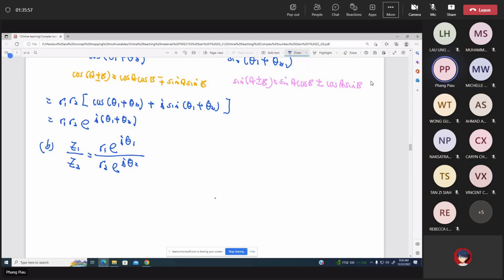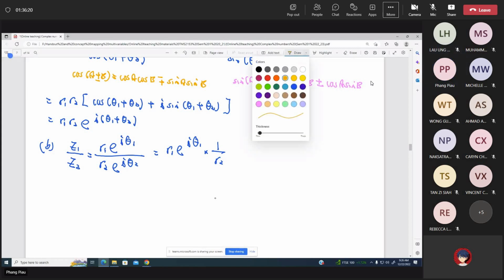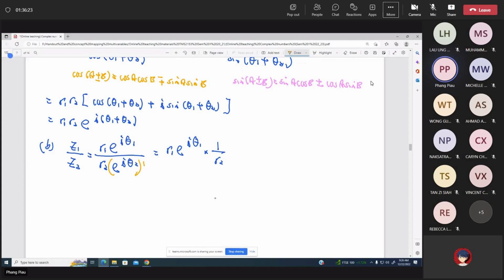Okay, so what we have here, this form you can always read as R1 exponential i theta 1, multiplied with 1 over R2, because R1 divided by R2 is basically R1 multiplied with 1 over R2. And this part, initially it is power 1, but when you put this in the numerator, it will become negative 1.